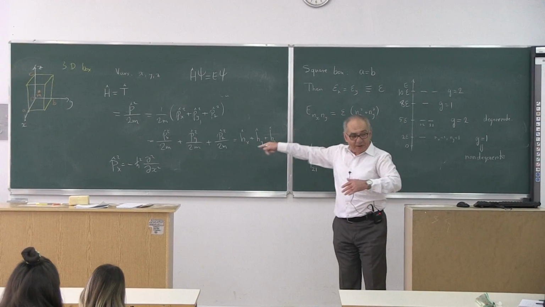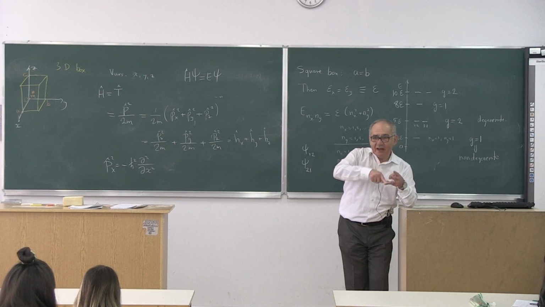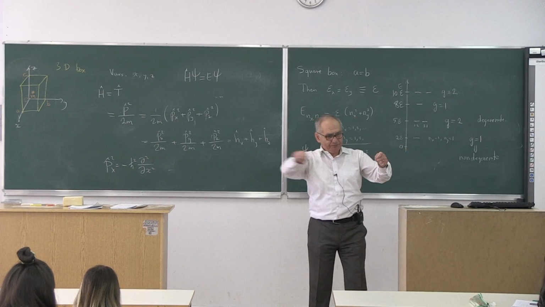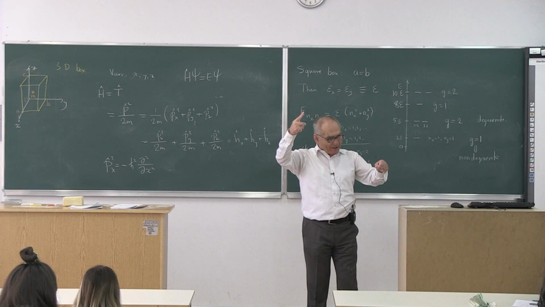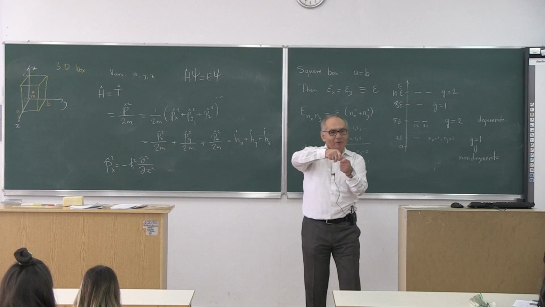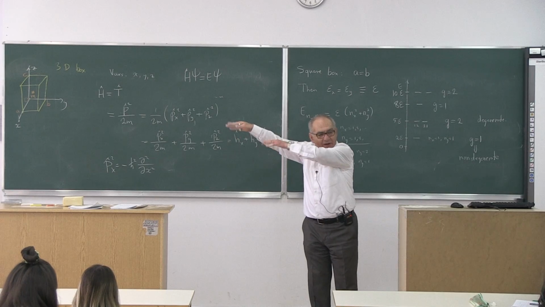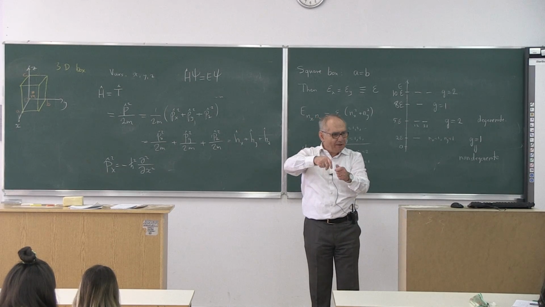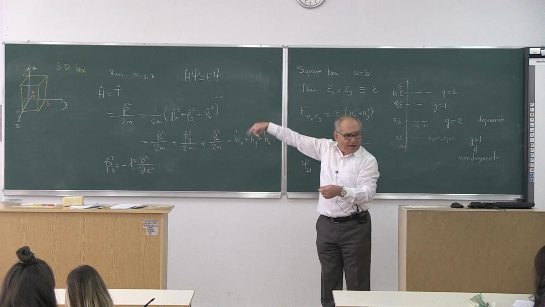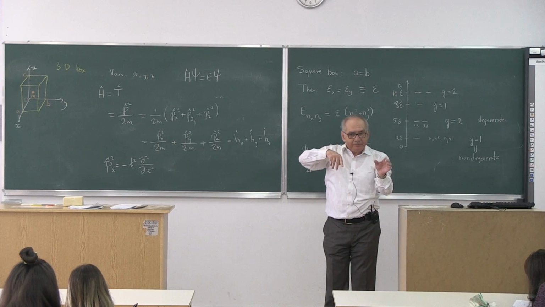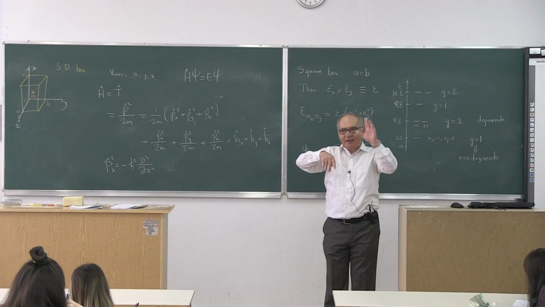But the fictitious particles, there are 3 of them. There is an x particle, a y particle, a z particle. The x particle is moving only along the x direction, which means it's a particle in a one-dimensional box. The y particle is moving only along the y direction and independent of what the x particle is doing. Similarly, the z particle is moving along the z direction between 0 and c. Each fictitious particle is a particle in 1D.